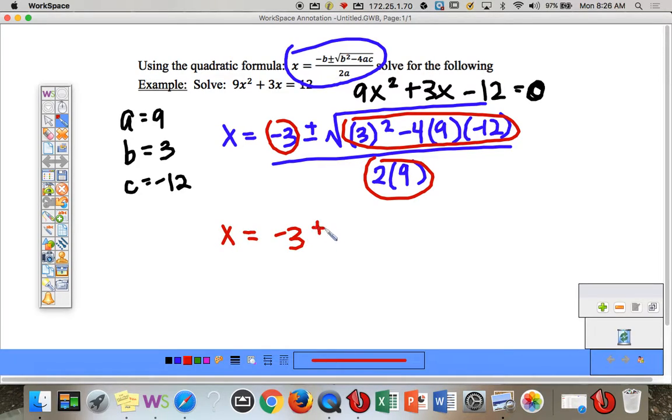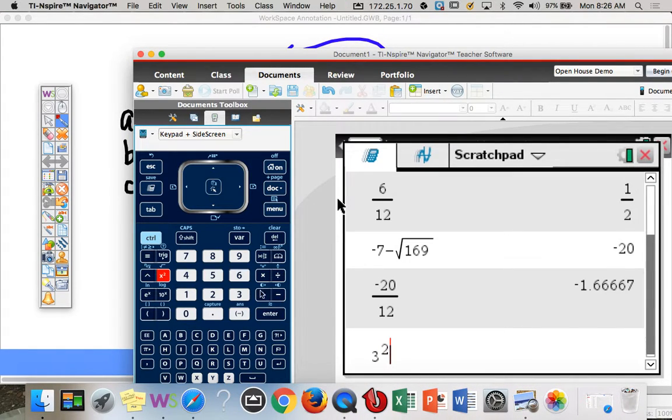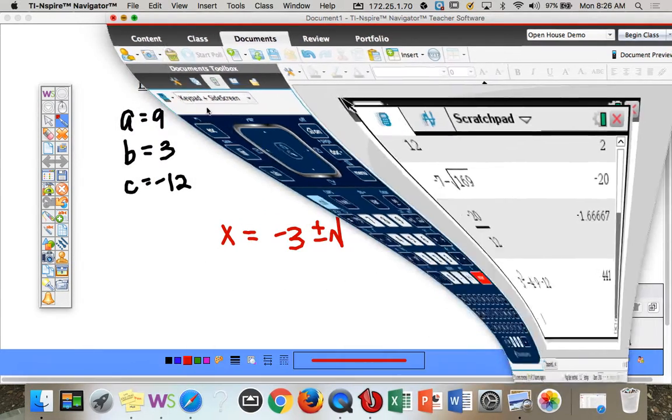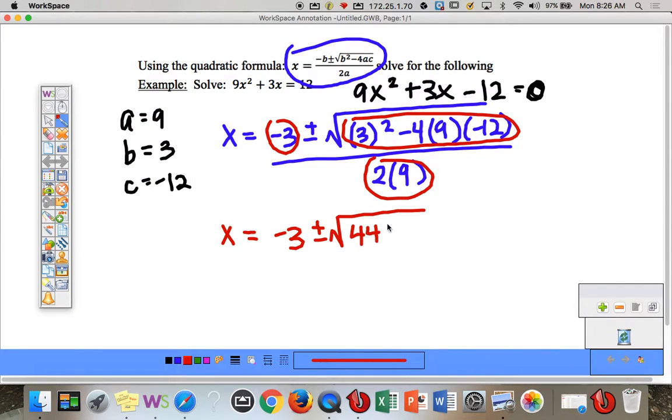So you have negative 3 plus or minus the square root of 3 squared minus 4 times 9 times negative 12, which is 441, all over 18. Then you split it up and solve, and you can find your two answers.